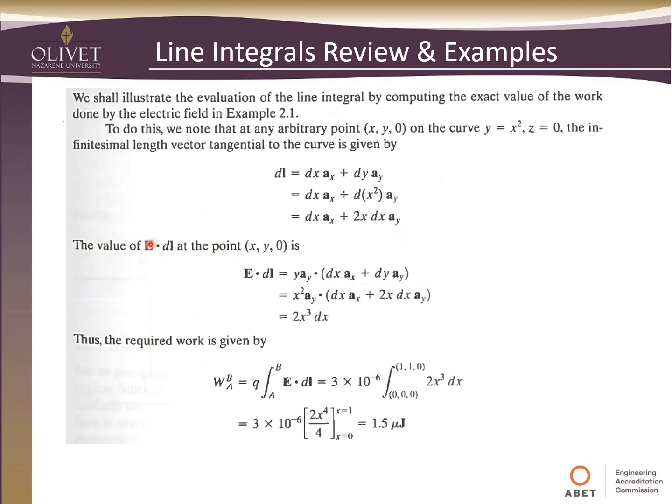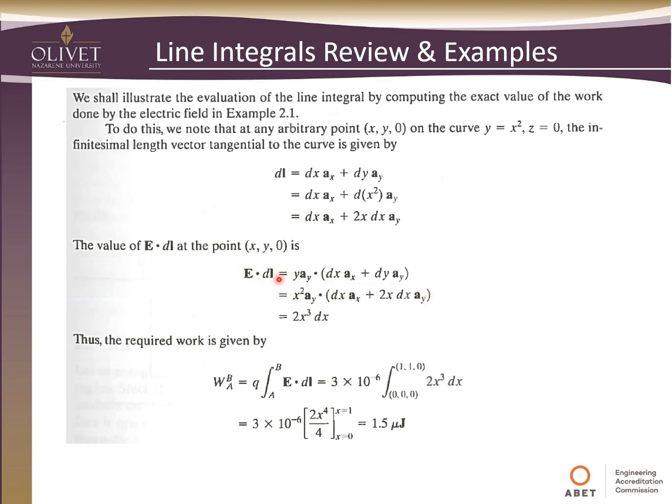So the value then of E dot dl at the point (x, y, 0) is y a_x, which was defined at the beginning of the problem, dotted with this new definition here. Originally it's dx a_x plus dy a_y, but we substitute our new expression in for this. And also for y, we know that y is equal to x squared. So then this goes to x squared a_x dotted with (dx a_x plus 2x dx a_y).